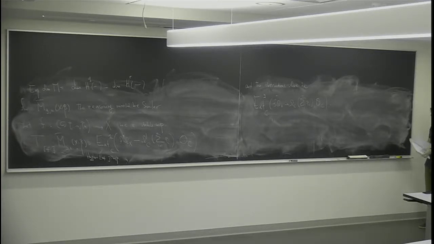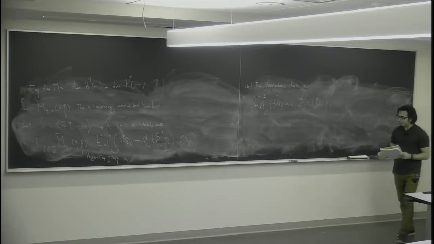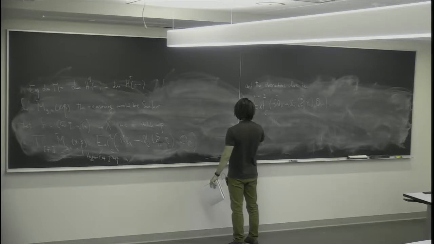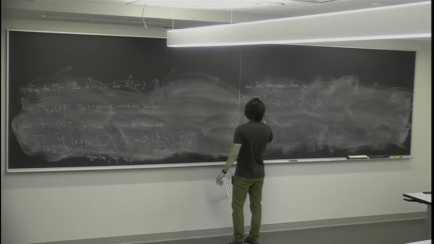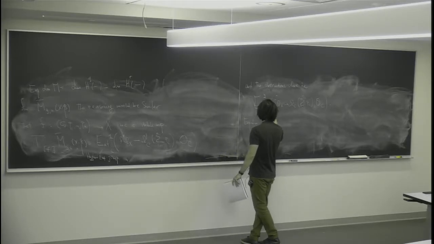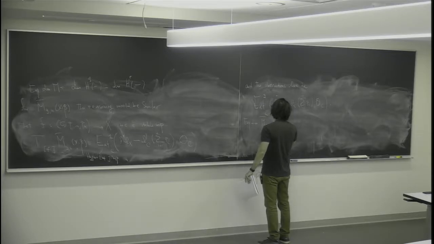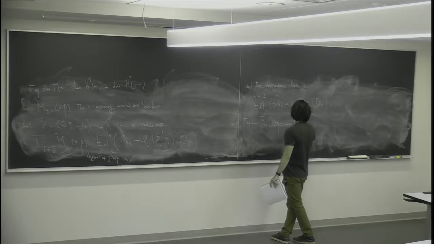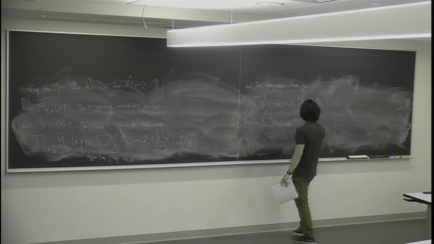Now, of course, the expected dimension of M-bar_{g,n}(X,β) is the dimension of this hyper-Ext^1 group minus the dimension of this Ext^2 group.